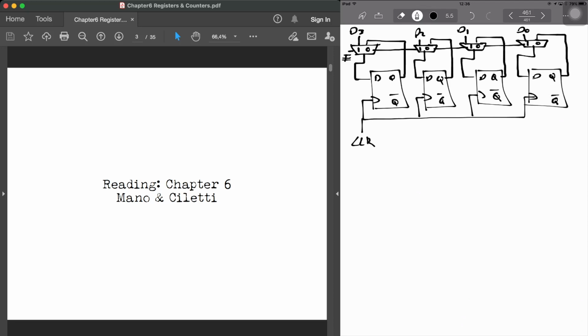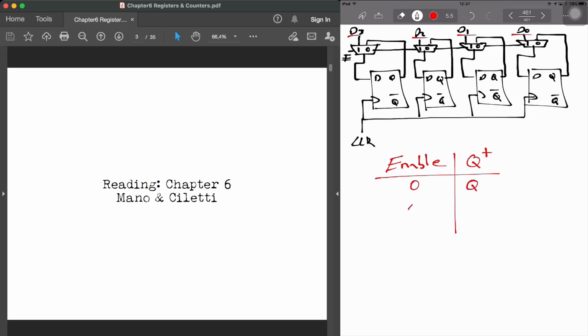So if you want to have a parallel load, you just need to enable the multiplexer so it will load new data from D3, D2, D1, and D0, and that will be loaded into the flip-flops. We can say that as a table: enable and Q next. When enable is 0, this is going to hold the previous data.